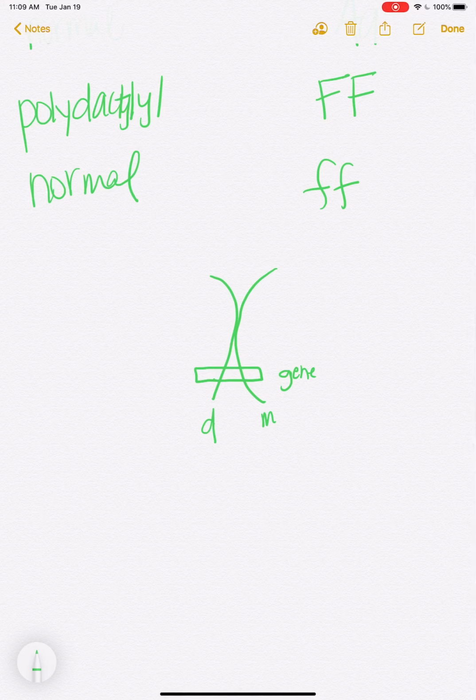Okay, let's say the normal trait where you don't get cystic fibrosis, or the trait where you do get cystic fibrosis. And so each chromosome has an allele on it. The one that your mom gives you on one chromosome, and the one that your dad gives you on the other chromosome, okay? And you inherit those two together, and that's how you get the traits, all right?